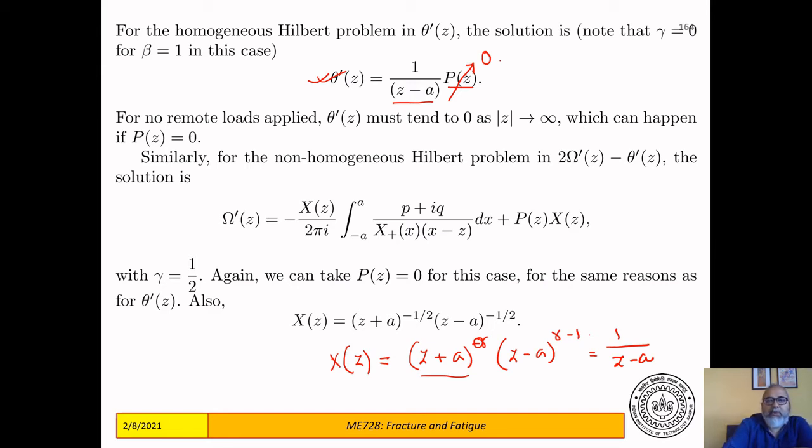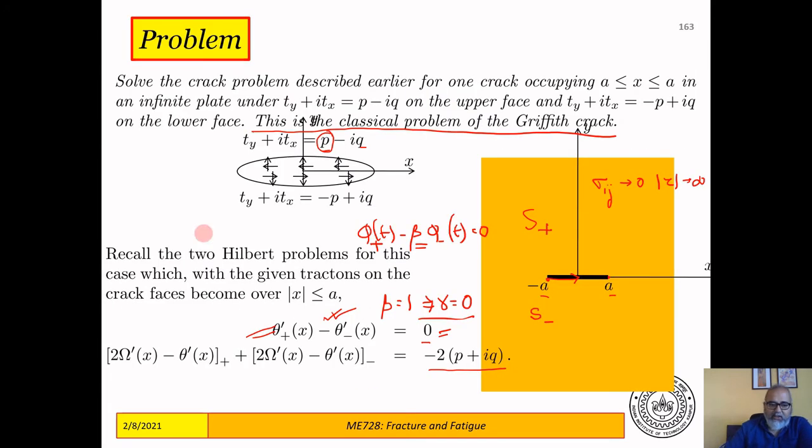Therefore theta prime(z) is out of the picture, and we are left with the inhomogeneous Hilbert problem.